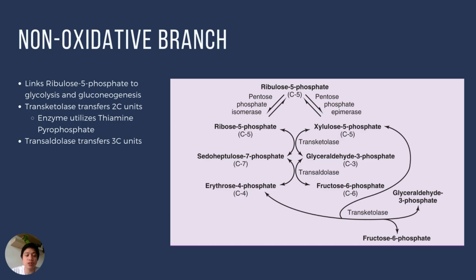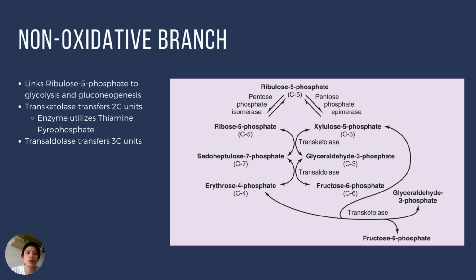Okay, so let's start with the image here on the right. Ribulose 5-phosphate again is from the oxidative branch of the pentose phosphate pathway. Ribulose 5-phosphate, turning to the left, will be acted upon by an isomerase to form ribose 5-phosphate.